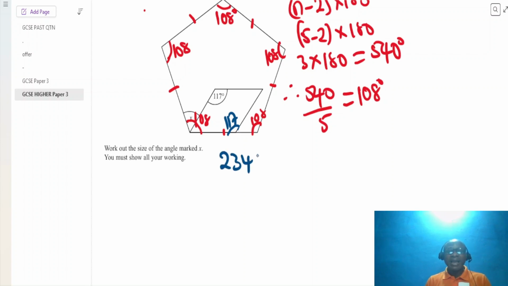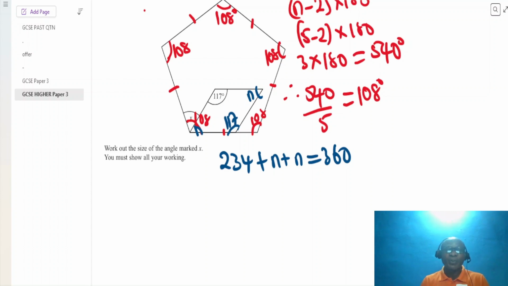which will give me 234. Then let this place be called, let's say, n, and here also is n. They are meant to be equal. Opposite angles of every parallelogram are meant to be equal. Therefore, plus n equals 360. The sum of angles in a parallelogram must be equal to 360, and opposite angles must be equal.